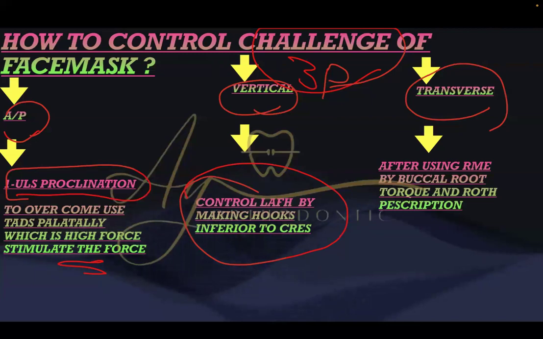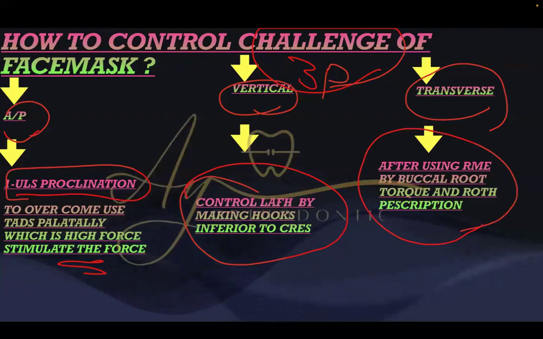Number 3, after using the rapid maxillary expansion, okay, I have to apply more buccal root torque and use of Roth prescription. Why? Because the rapid maxillary expansion will lead to palatal root dropping, palatal cusp dropping of the upper, okay, and also a buccal flaring.